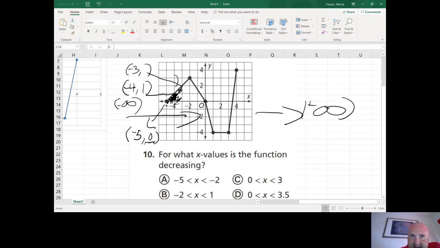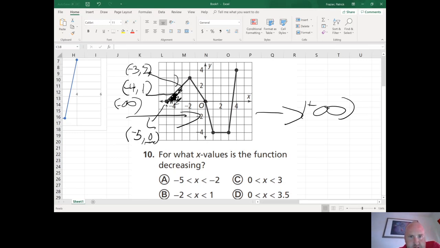It's really hard to get out of that habit of saying x and saying input because we're so used to it, but this is an x and this is a y, so I'm being pedantic. So when x is -3, y is 2, right?